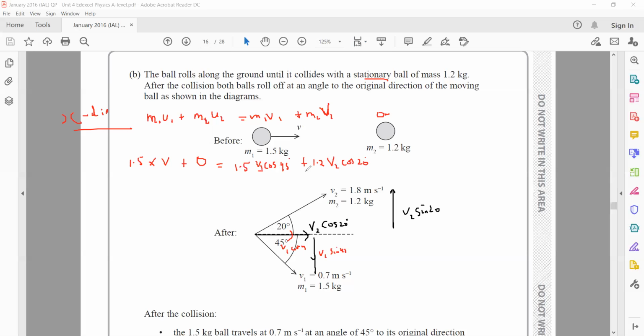V1 and V2 are already given: V1 is 0.7 and V2 is 1.8. So instead of V1 you substitute 0.7, and instead of V2 you substitute 1.8. Can you solve for the final answer for the velocity?